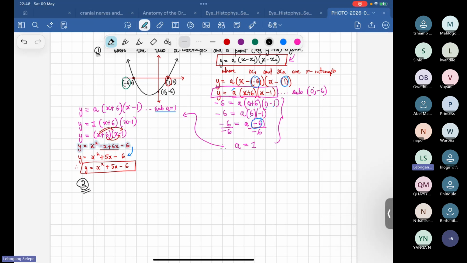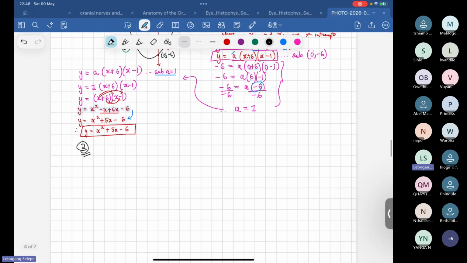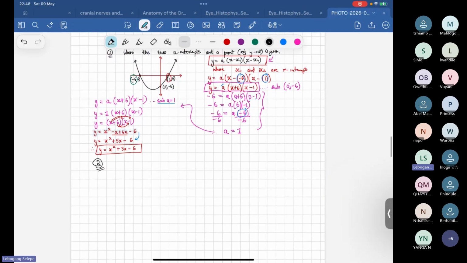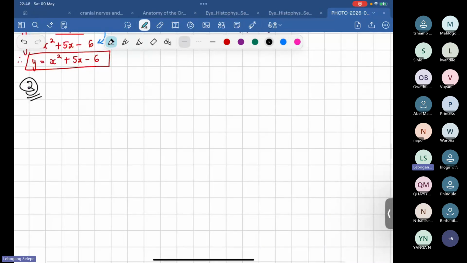When you are given the turning point, life becomes a little bit easier because now, let me just draw this. Let's say you're given this graph right here. It's the same graph. Now, I'm not giving you the x-intercepts.